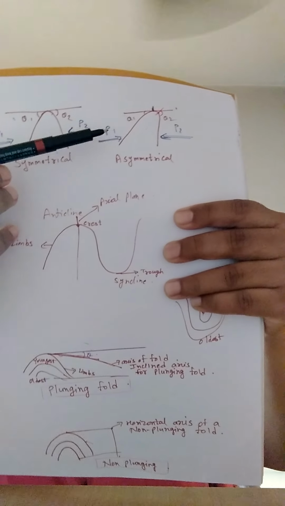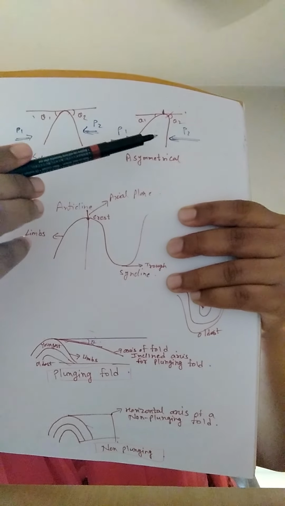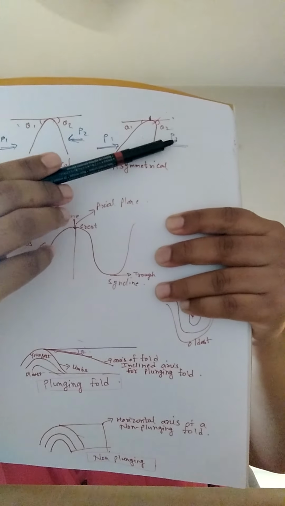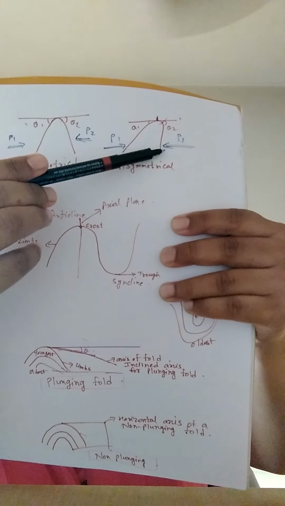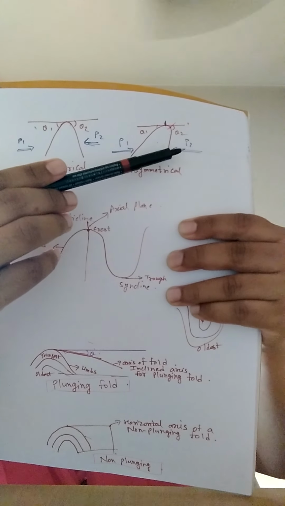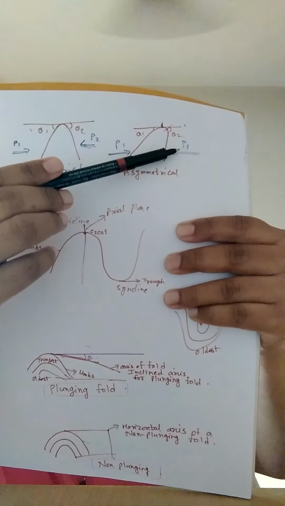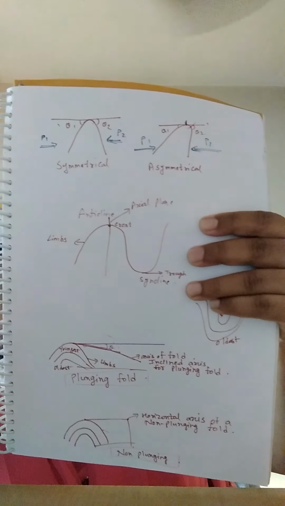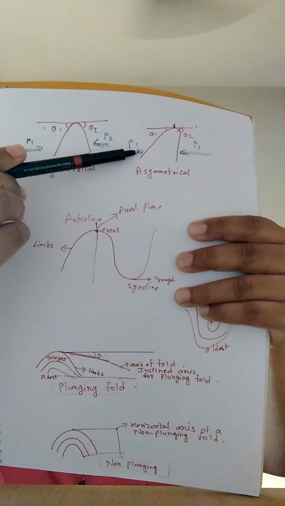In an asymmetrical fold, you see this P1 and P2. You see that this limb is pushed even more inside. So here, P2, the pressure exerted on this side, is more as compared to the pressure exerted on this side of the limb.